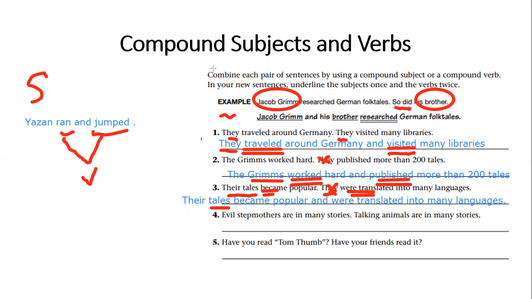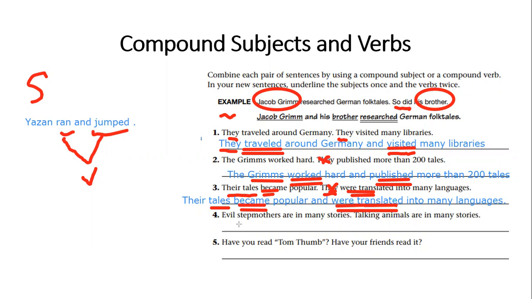What are the compound verbs? Became is a verb, so underline it twice. And also we are having were translated. Yes, we're having it as another verb. So we're having a compound verb in this sentence. Good.